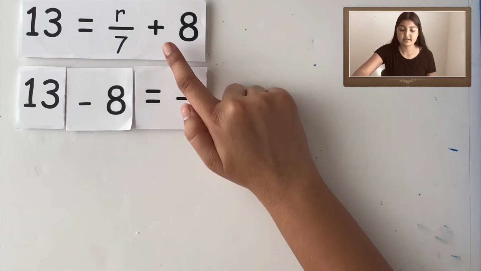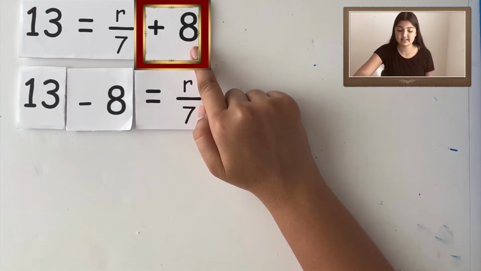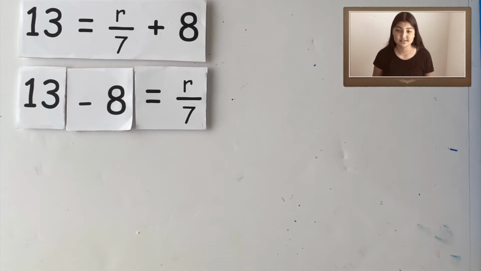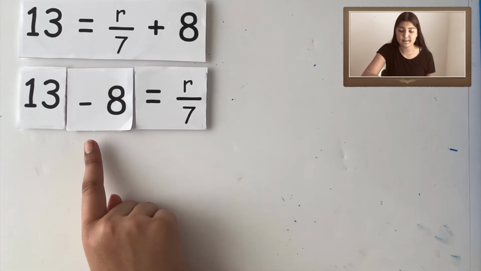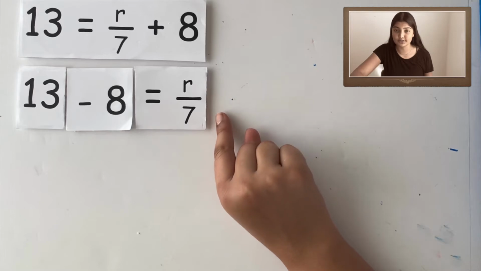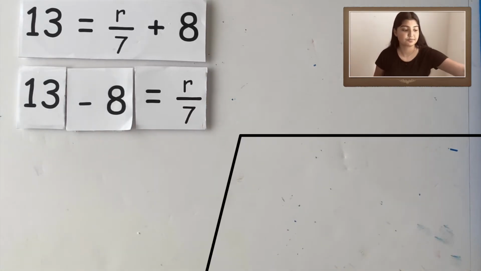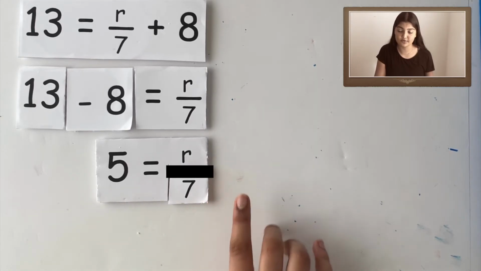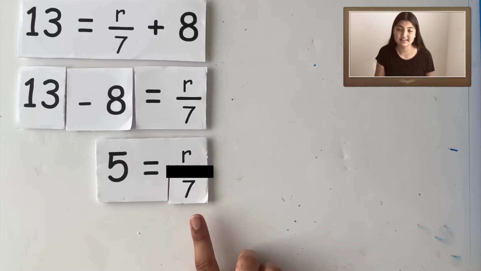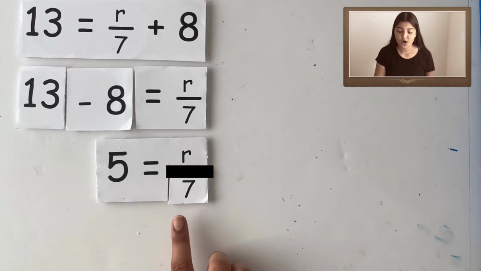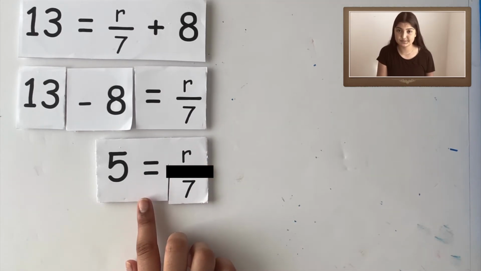Notice that positive 8 became negative 8 when we took it to the other side of the equation. So, 13 minus 8 is equal to r over 7, or 5 is equal to r over 7. Remember that we need to keep r alone on one side of the equal sign.